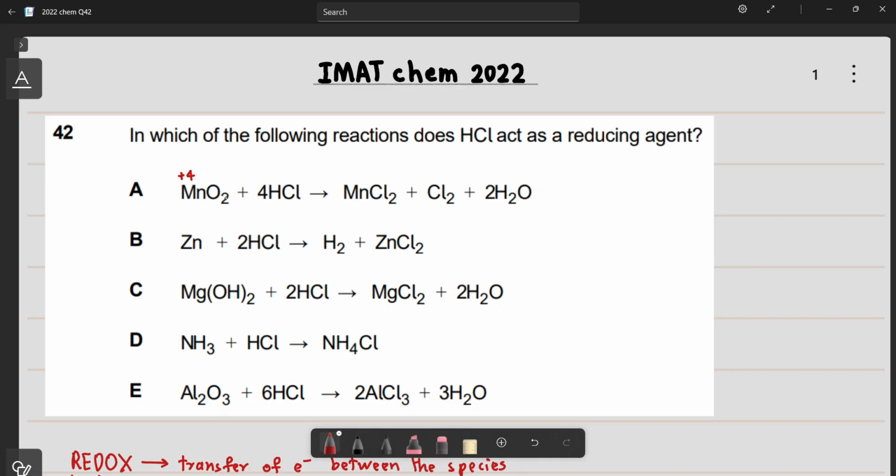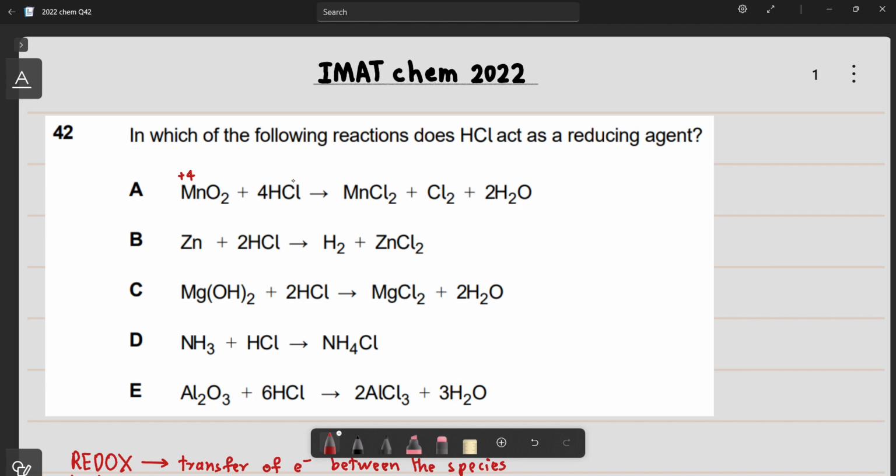For some elements in the compound, you must know the oxidation state by default. But other elements like manganese are special elements with variable oxidation states. So manganese has a positive charge of +4 in this compound.